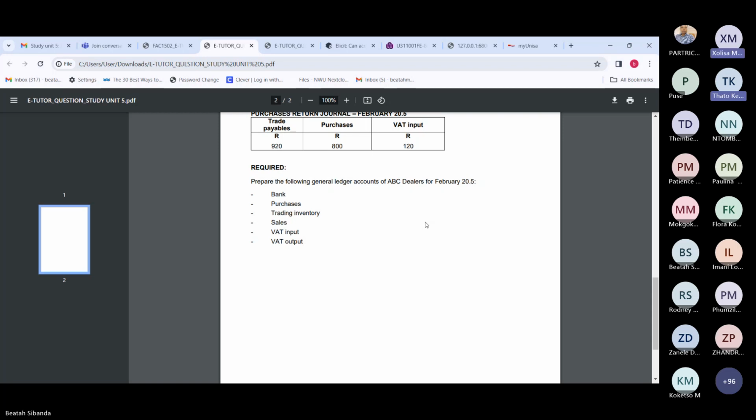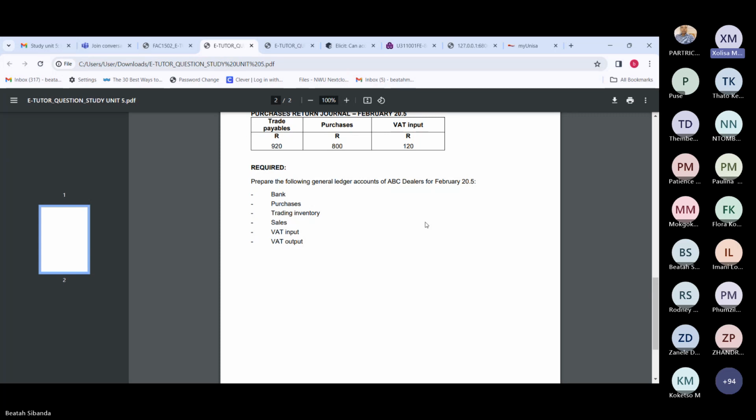Let me put it to you this way. I think in an exam it will be far more clear. You'd be expressly told that sales returns, you can write them off against sales, right?